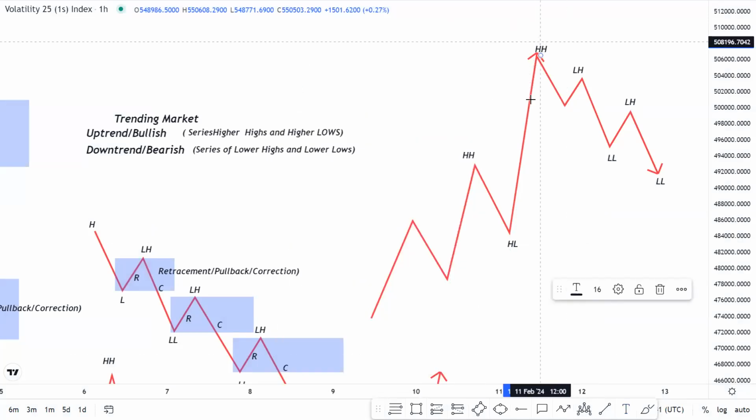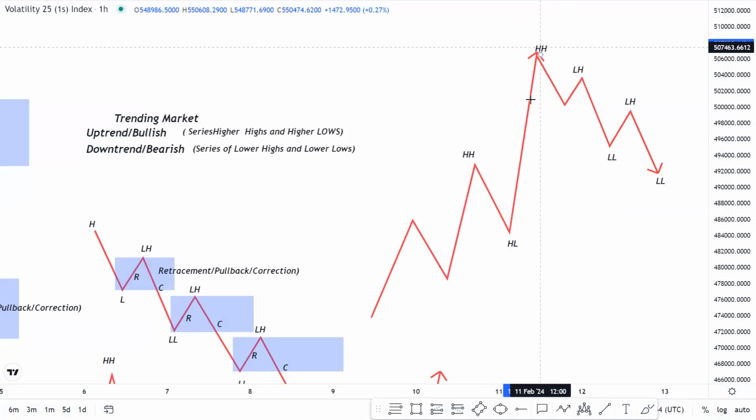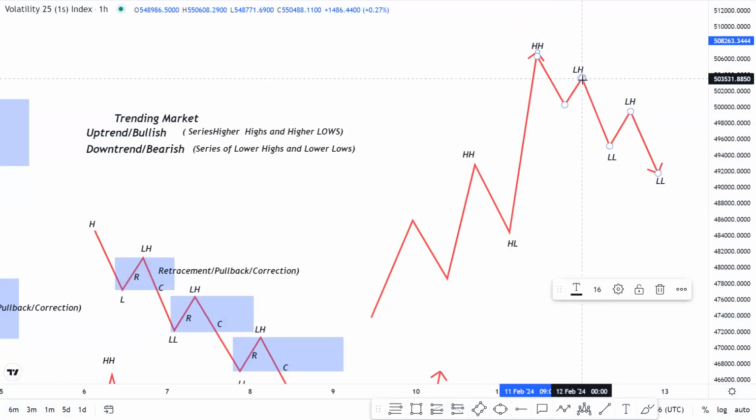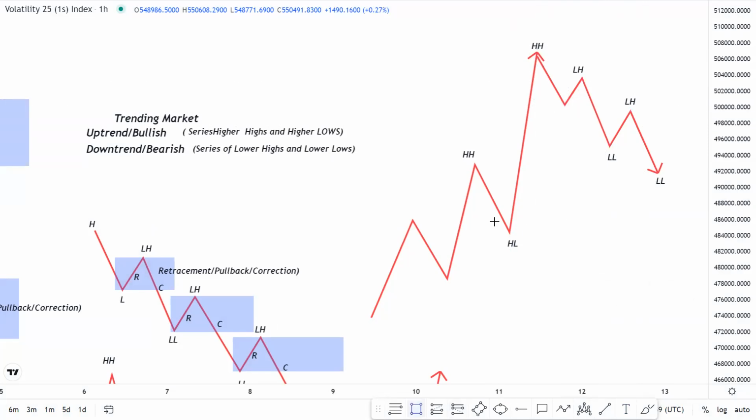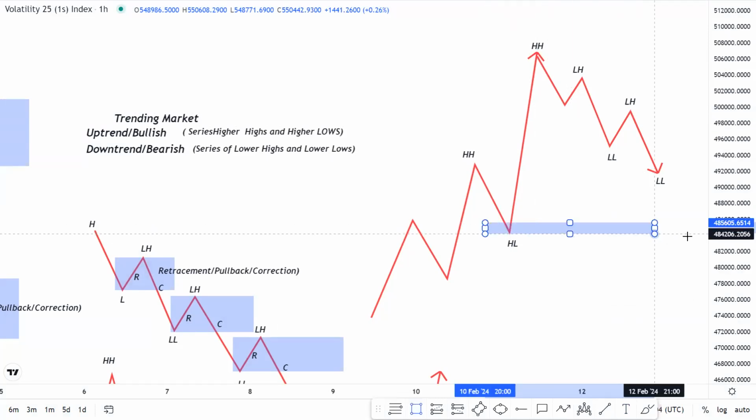Now, what you have to understand is, in as much as this looks like price is giving us lower highs and lower lows right about here, this is only a complicated pullback. We still have this market trend very much in an uptrend, owing to the fact that, like we said, there can only be a reversal once we have the most recent higher low.